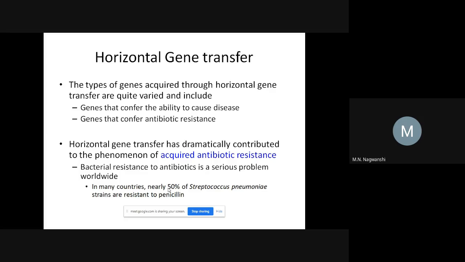Suppose you have inserted a disease causing gene in the bacteria and you are culturing this in the culture medium. That time you have to add some antibiotic resistance substances. Some antibiotic you have to add.